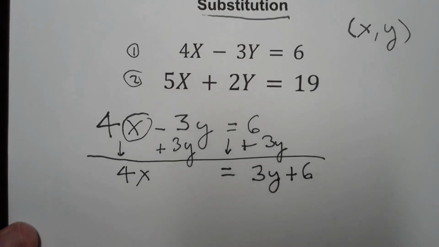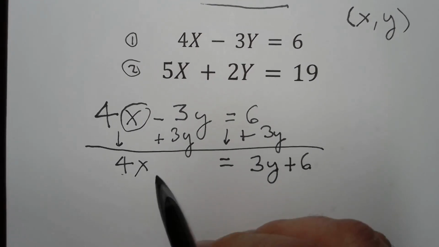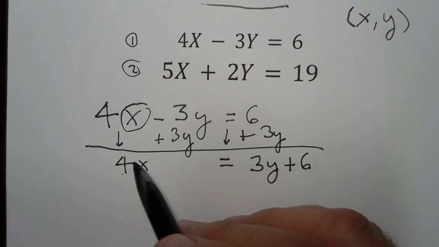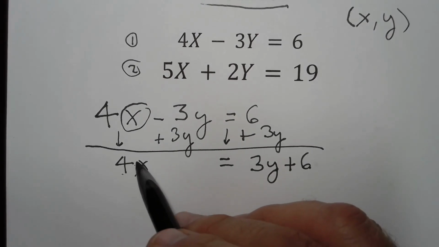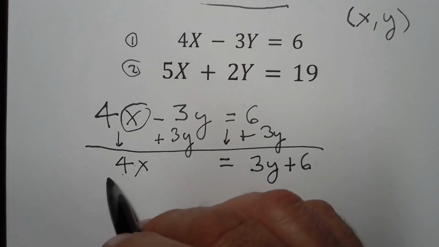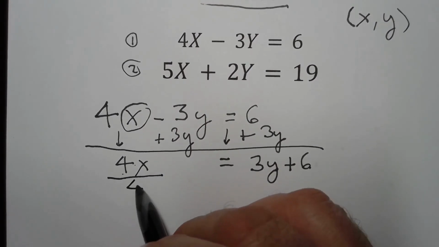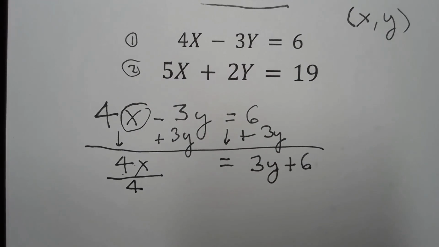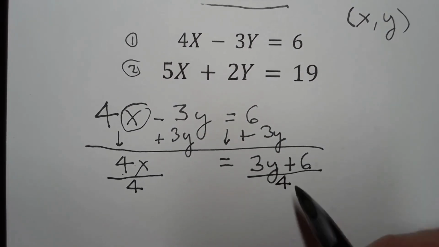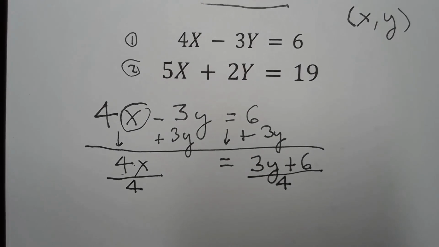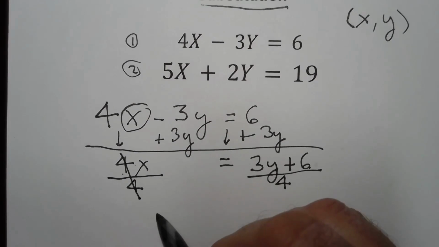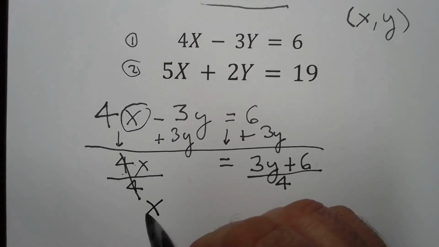So far, so good. Next step, I want to get the x by itself, and the relationship between the 4 and the x is multiplication because they're right next to each other. There's no plus or minus between them. So I'm going to do the opposite of multiplication, and that would be division. I'm going to divide that side by 4, and if I divide that side by 4, I've got to do the exact same thing to the other side. So I divide both sides by 4. 4 over 4 is 1, so I cross that out and I'm left with x here.